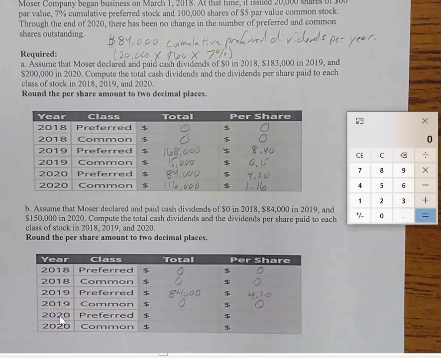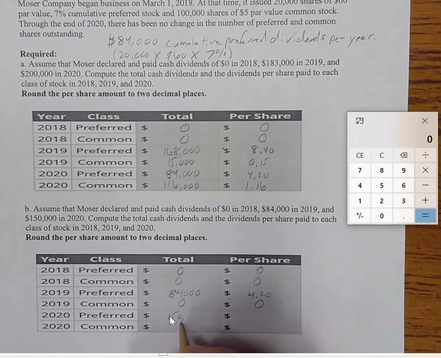In 2020, we have to recognize that we owe another $84,000 for 2020, and we also still have dividends in arrears totaling $84,000 for 2018. So if we paid out $150,000 in 2020, well, that's easy enough to put down.